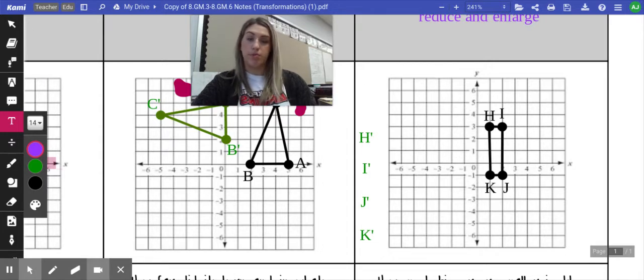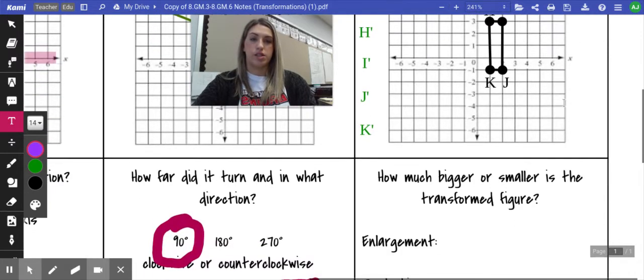If you created a blueprint for a house or a building, obviously you cannot draw a house to scale. Your paper is not big enough. So you have to use a scale factor to make it fit on the paper, but make it comparable to the actual house, right? So scale factor we're going to use here for dilations.